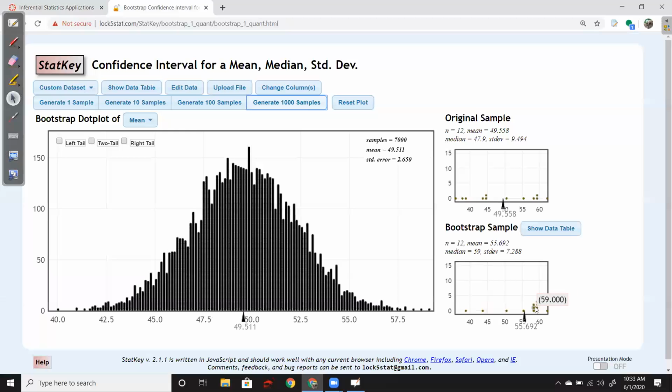And everyone's going to be a little bit different. Like these cards over here got drawn more often than these cards down here, so I have a mean that's in the higher end. But it could be the lower cards got drawn more, so I get a mean in the lower end. Notice that this does have that bell shape, which is kind of remarkable that we always get this bell shape. We're doing a confidence interval, which is always two-tailed, and then we have to get the right confidence level in the middle.